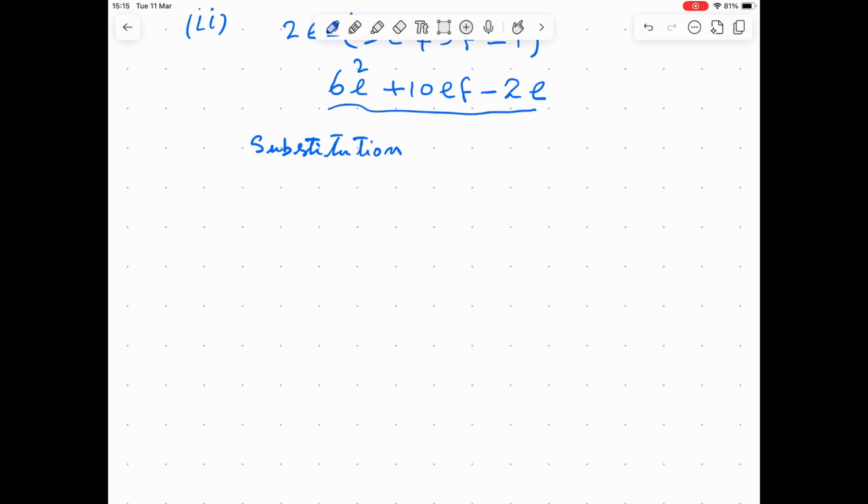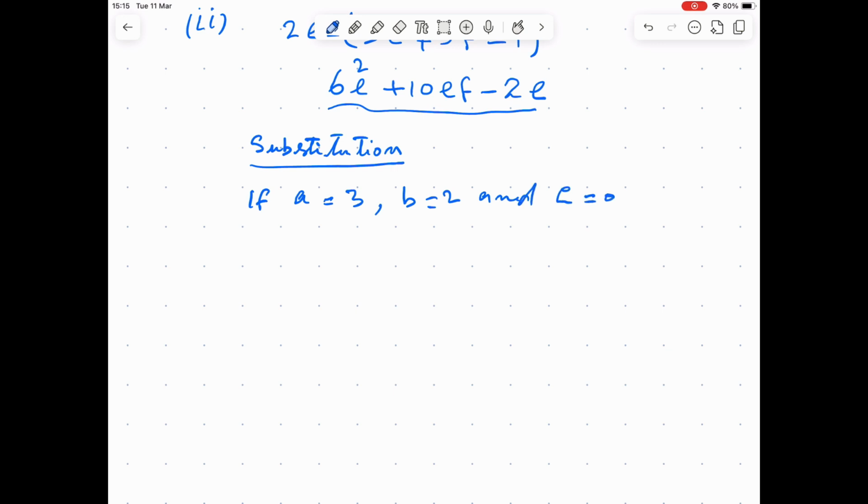Where we are given the values for A's, B's and whatever the other letters are. Say for example, if A is equal to 3 and B is equal to 2 and C is equal to 0.